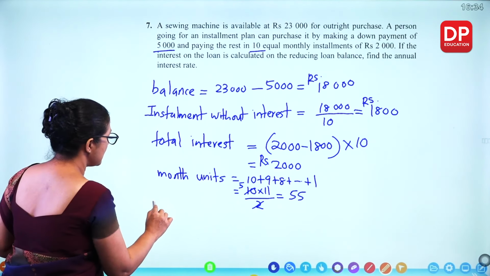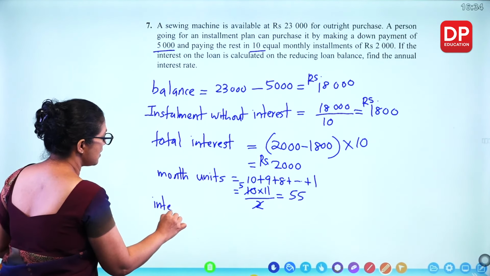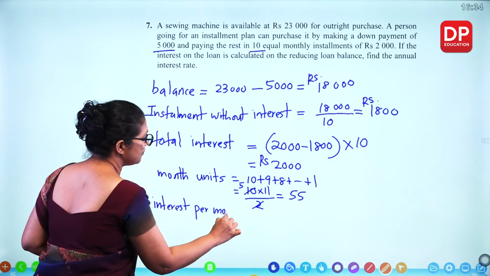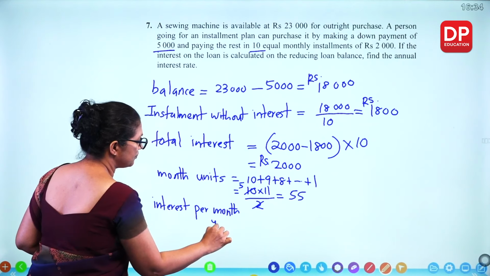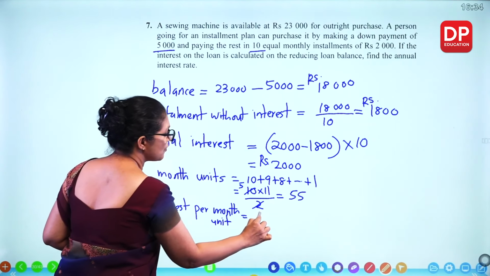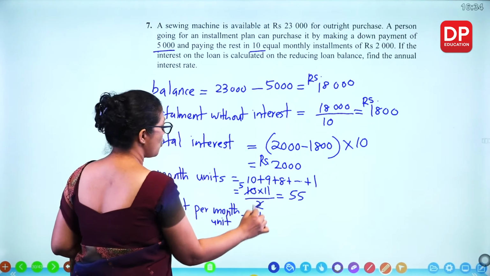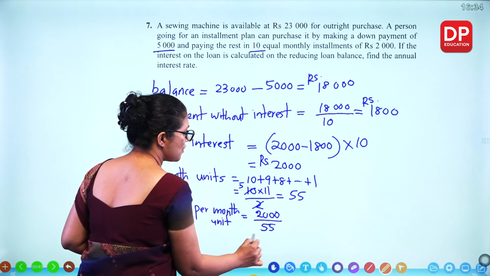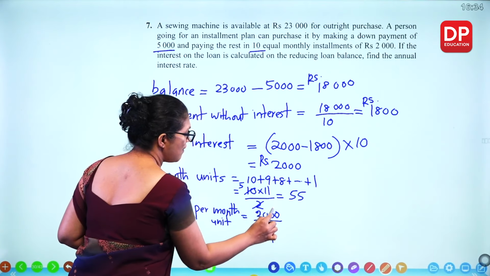So you get 55 month units. So what's the interest per month unit? Total interest is 2,000. Divide by 55. Divide by 5.